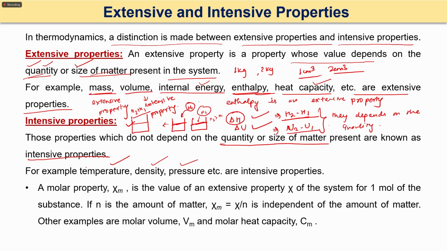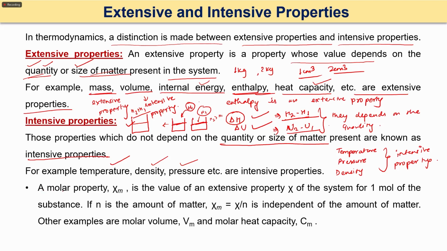They do not depend on the quantity or the size of the matter, so these are all intensive properties. These questions are asked frequently in the paper: what are intensive and what are extensive properties. We basically have to choose which are intensive and which are extensive.